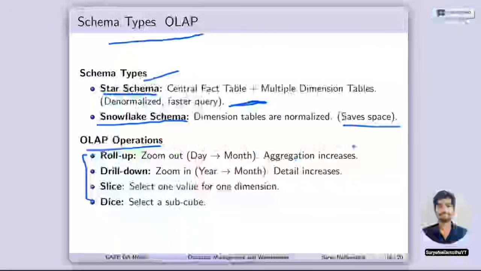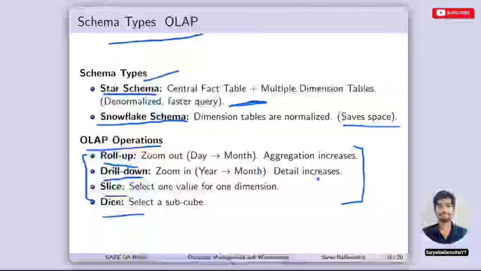These operations help access the stored data in the fastest way. How do we access the data? By applying roll up and drill down operations and slice and dice operations. These four operations help get results in the fastest way by applying aggregation. These are called roll up, drill down, slice and dice. These are the operations of OLAP.